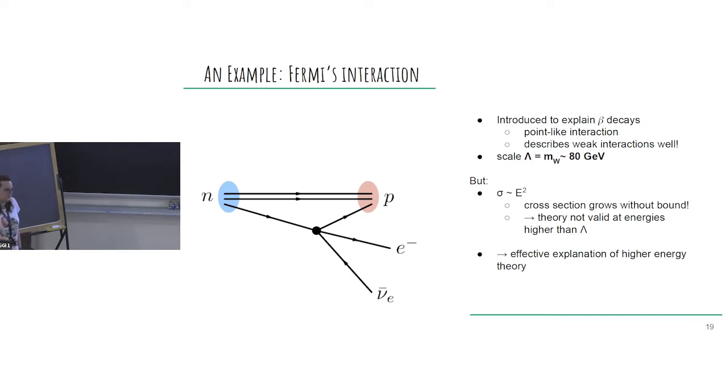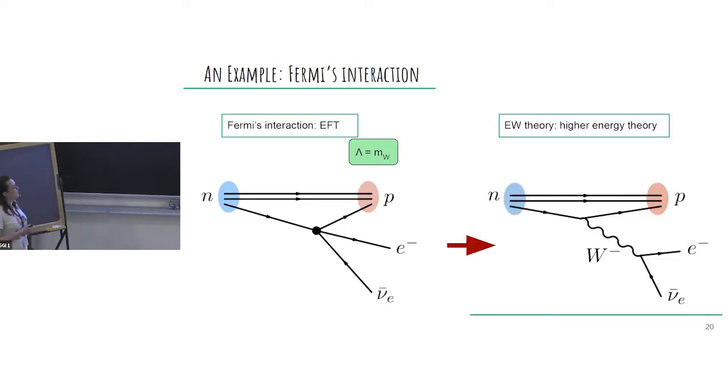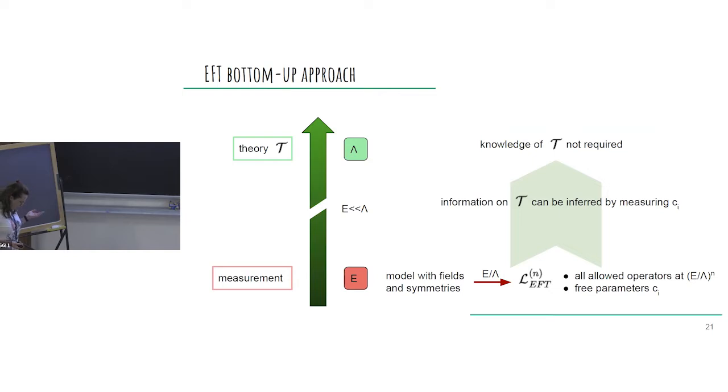And in fact, this was found to be the effective field theory for a higher energy theory, that is the electroweak interaction, basically, where instead of a point-like interaction, we have two interactions mediated by the vector bosons. And in this case, the scale is more or less the mass of the boson that enters this interaction. And so in a sense, what we're trying to do with effective field theory is something similar.